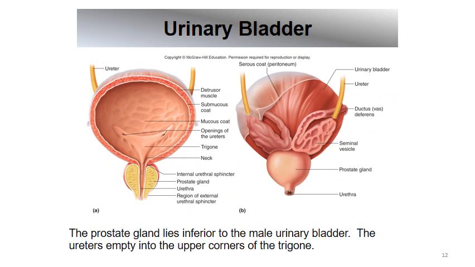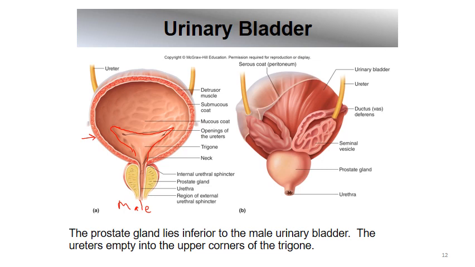Okay, so now here we're seeing the picture of the bladder. This bottom triangular region is the trigone region. The muscle in the wall is the detrusor muscle. Both of these pictures are showing the male, showing the prostate gland that surrounds the urethra in the male.